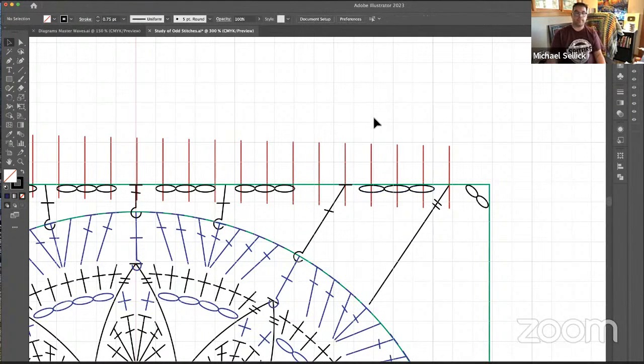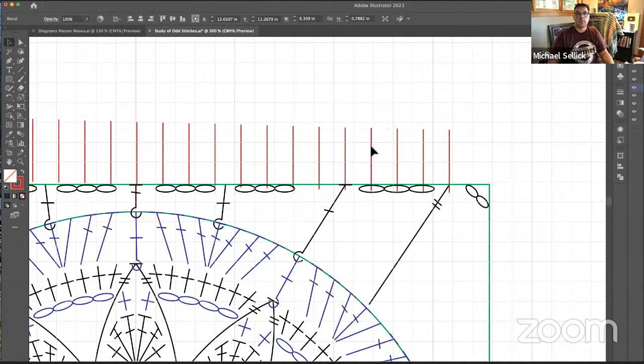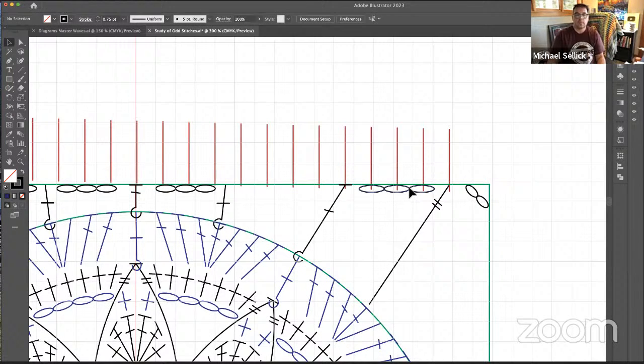Right there. So if that is the right balance, then for these chains, I'm going to put them together, group. Get rid of these guys. So then he goes out.